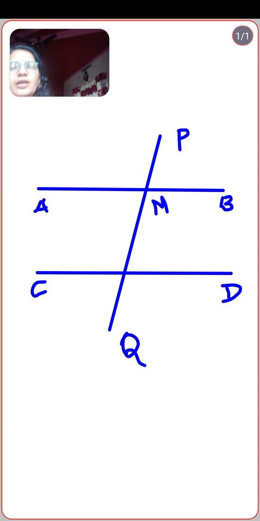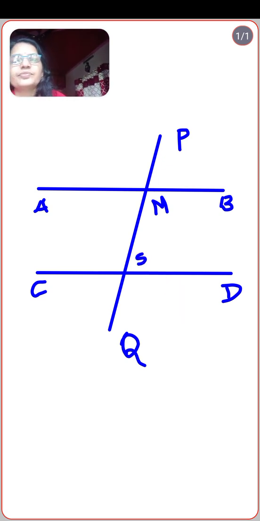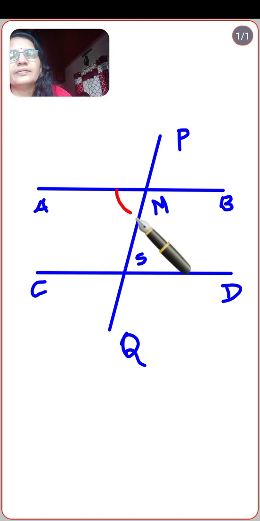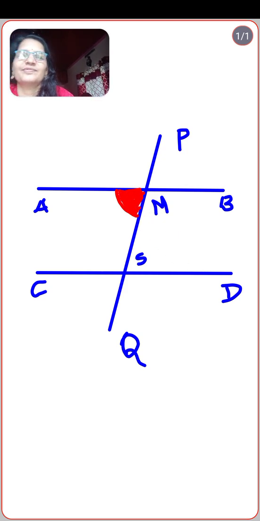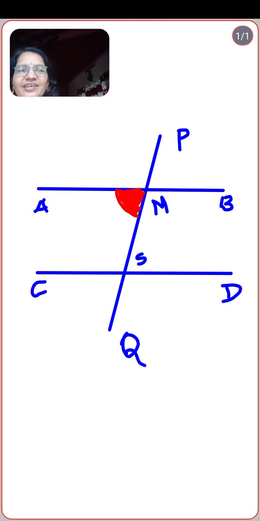Okay, now let me mark an angle. This is the angle. Let me shade it with red color. Red color angle.